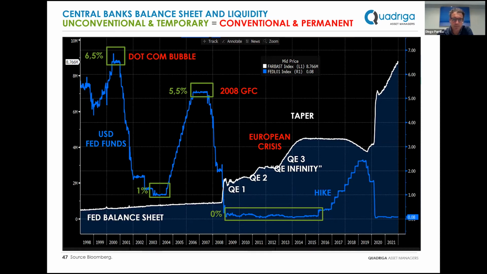But once the hikes came, we were sort of on autopilot, as Powell called it, and we even got to a point where we did quantitative tightening, which was effectively the reduction of the balance sheet by not rolling over some of the debt that matured, with interest rates reaching 2.5%. Big banks, and the consensus was, things will normalize, and we have another 3-4 hikes along the way.